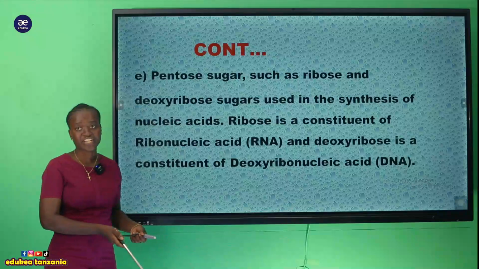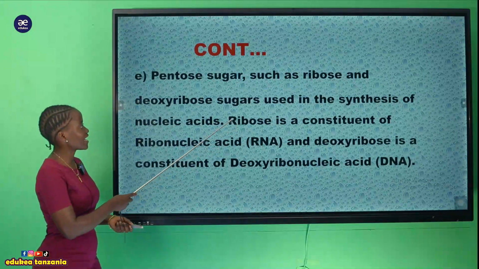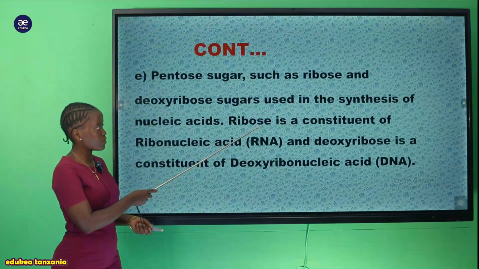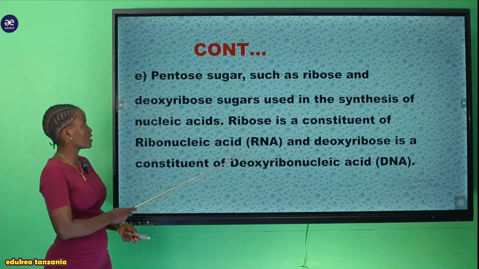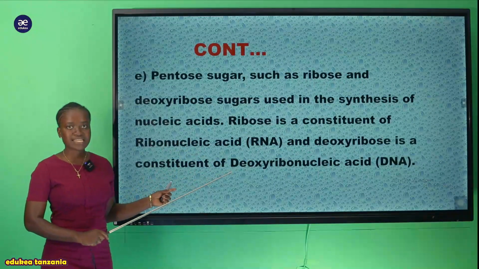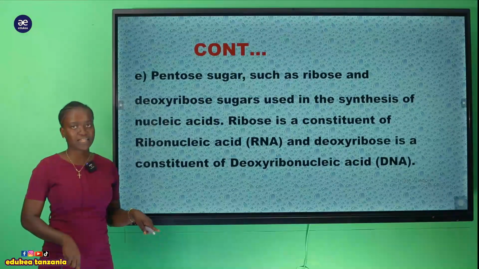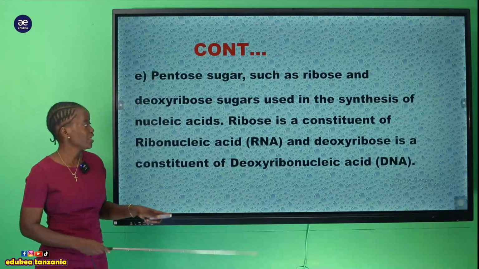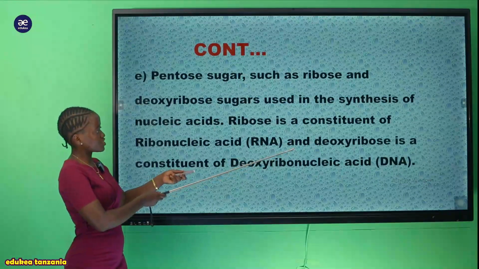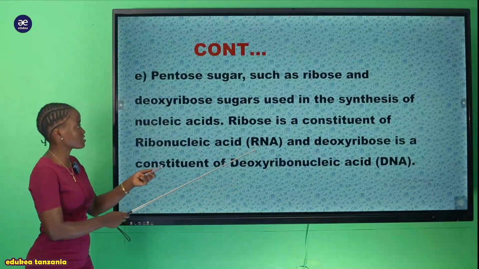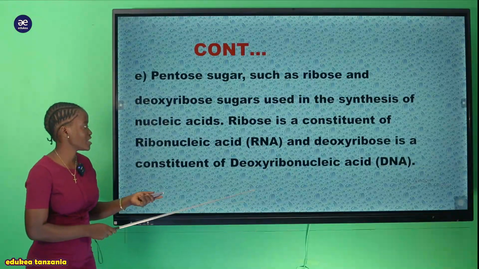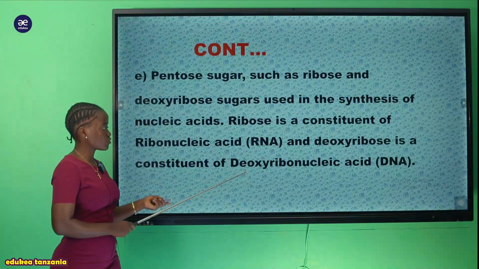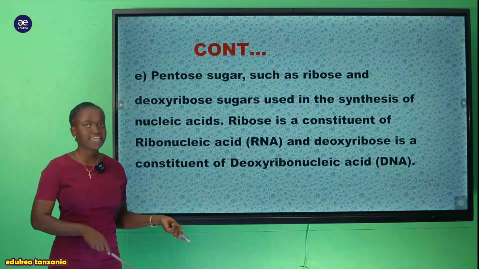RNA pamoja na DNA. Kwa maana kwamba kwenye RNA we have the presence of ribose sugar, ambapo sasa hii ribose sugar inahusika kwenda kutengeneza ribonucleic acid ambayo ndiyo RNA. Lakini tukija kuongelea deoxyribose sugar, ndiyo ambayo inatumika kutengeneza DNA, ambayo kwa kirefu chake tunaita deoxyribonucleic acid.